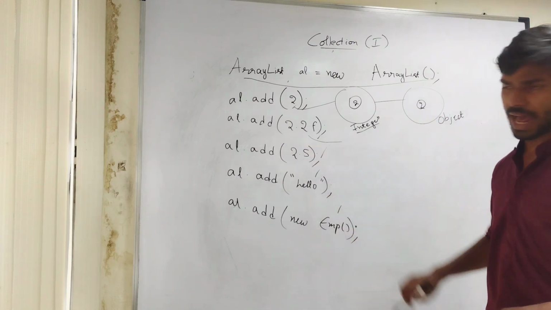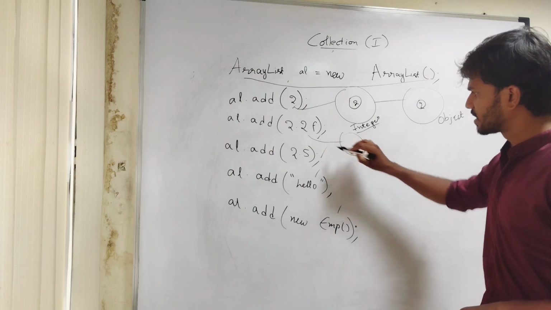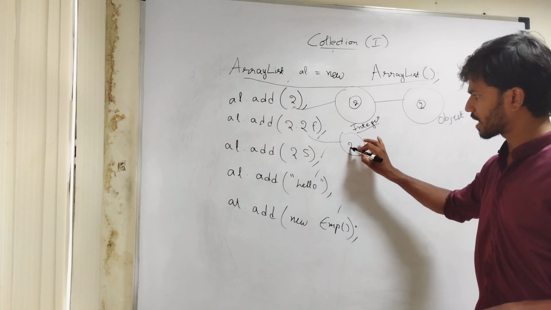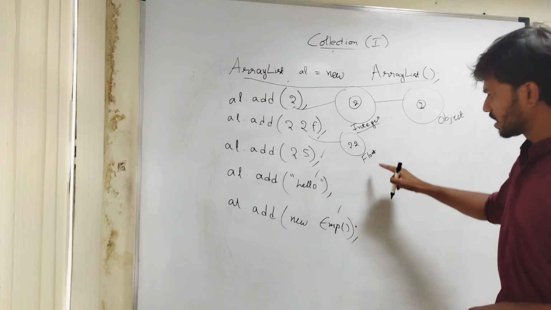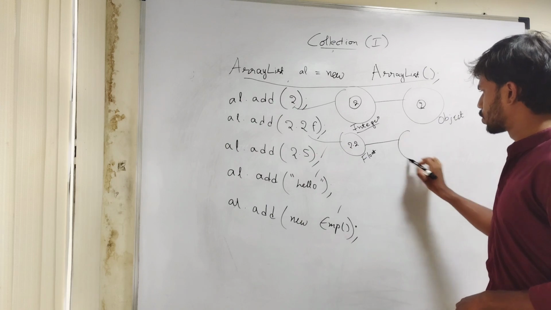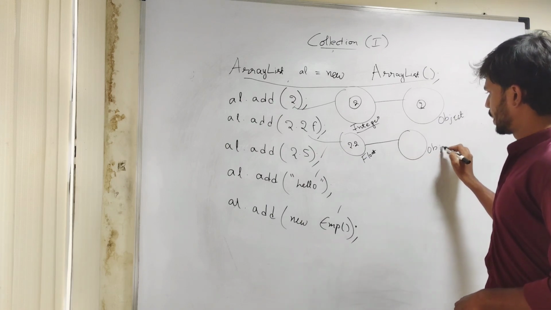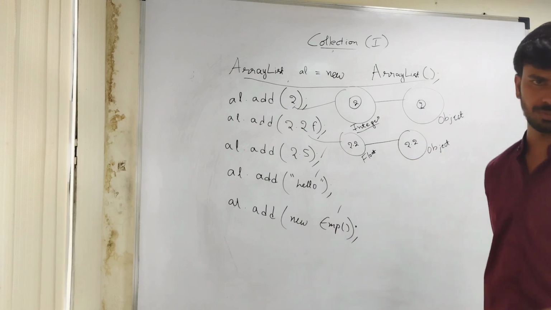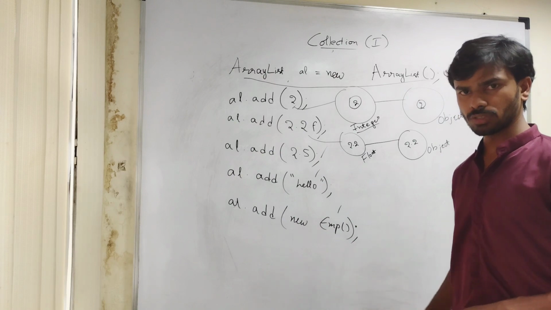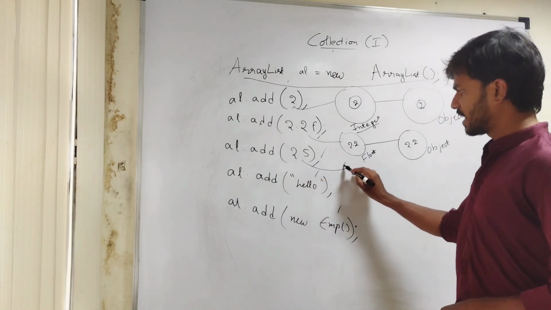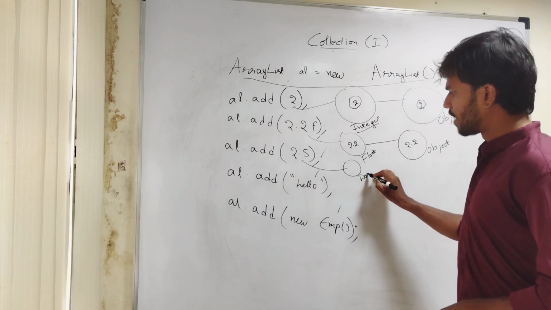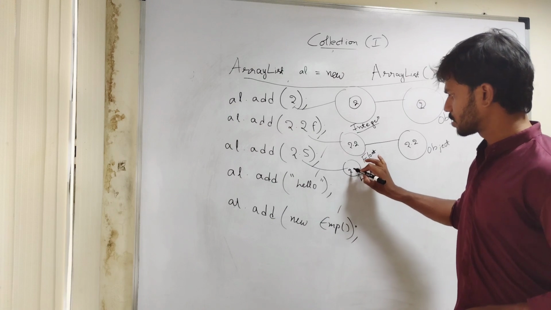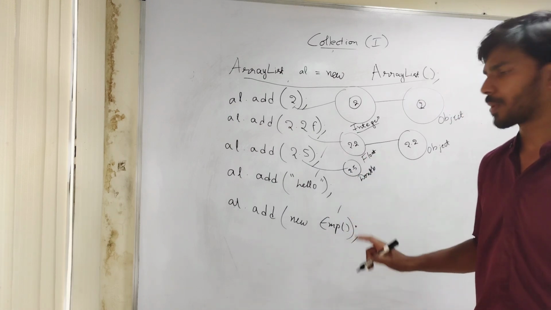Now this is the float value. The float value is stored inside the Float wrapper class object, that is 2.2. Now this Float object is upcasted to the Object data type. Next we have another value, that is 2.5. 2.5 is stored inside the Double wrapper class object.